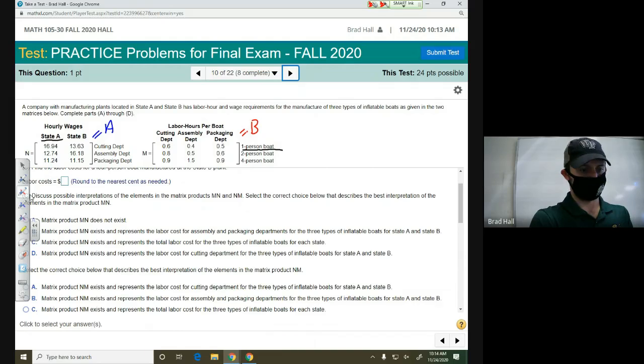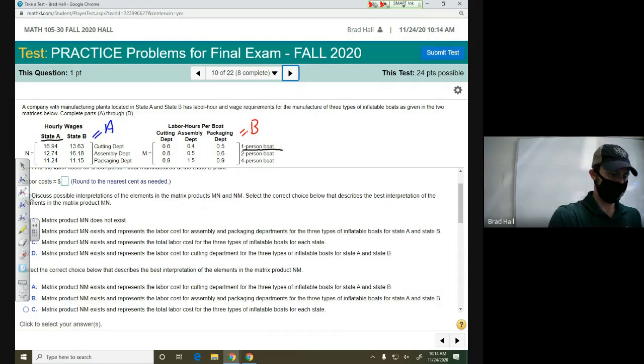So the first one is a 3x2 matrix: 16.94, 13.63, 12.74, 16.18, 11.24, 11.15. And then I'll go ahead and put in matrix B. It's a 3x3 matrix: 0.6, 0.4, 0.5, 0.8, 0.5, 0.6, 1.5, 0.9.